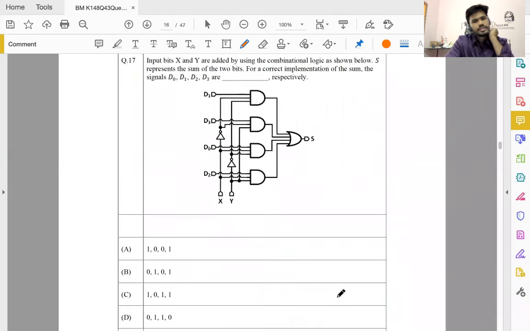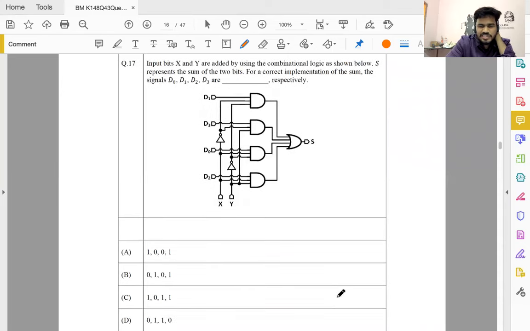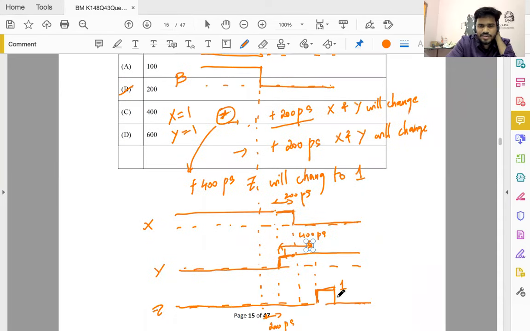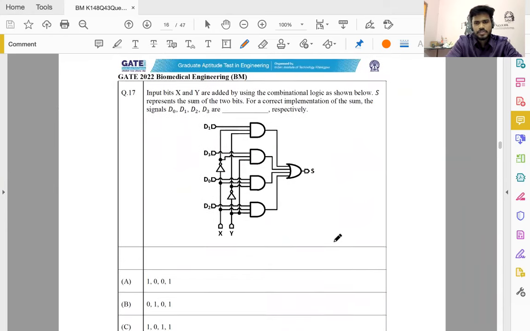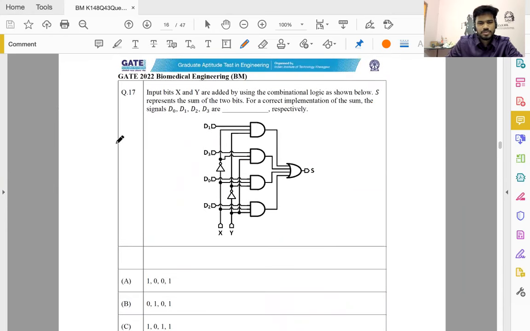Okay. So this is somewhat easy compared to this question. This is a fairly straightforward digital logic question. At least if you know what is what, you should be able to answer this. You have X, Y, and then you have sum, carry. Even if you don't know a lot of things, sum is 0 plus 0 is 0, 1 plus 1 is 1, and 1 plus 1 is 10.